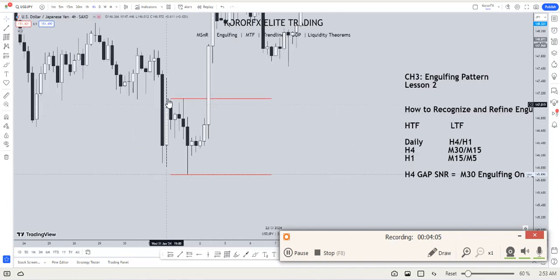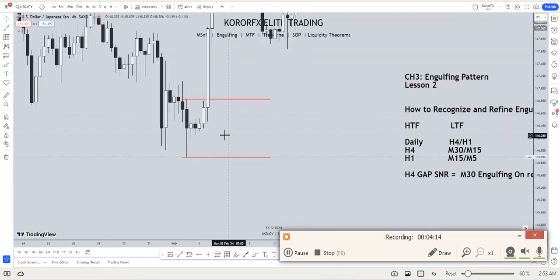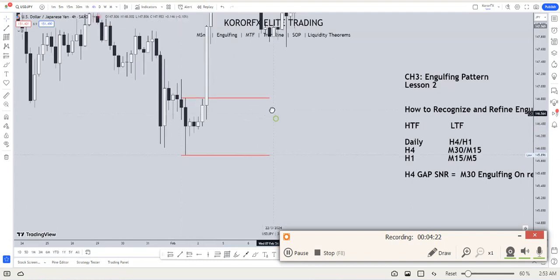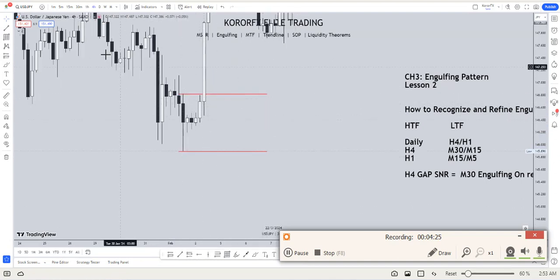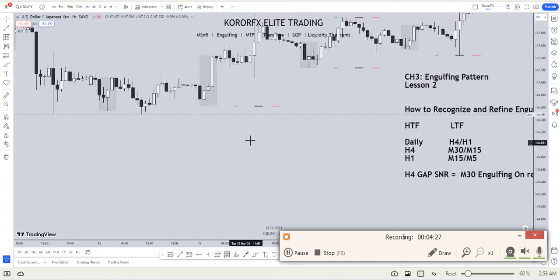So I will take it down for refinement. You can see, okay, that's the H4 engulfing. If I take it up, that will be the daily engulfing, but here it will be the H4 engulfing. If I want, I can still refine it to 1 hour.